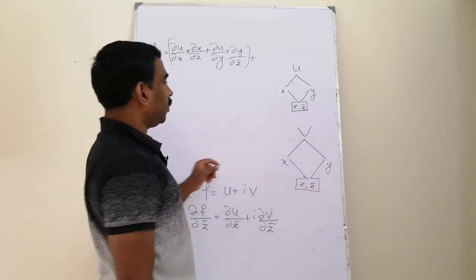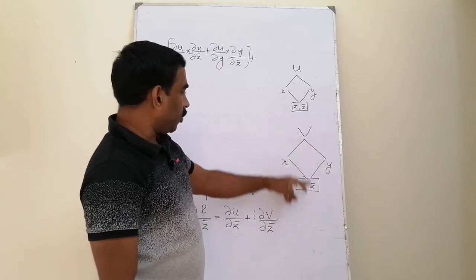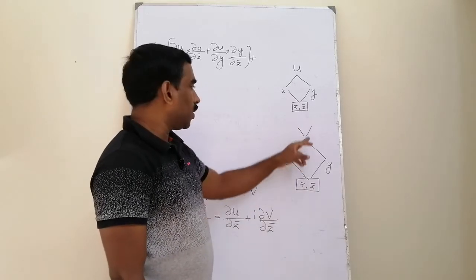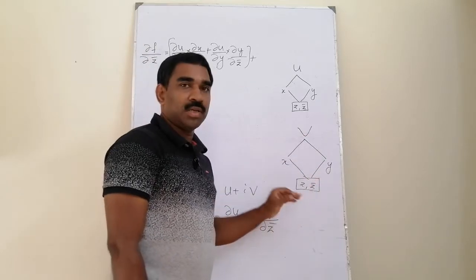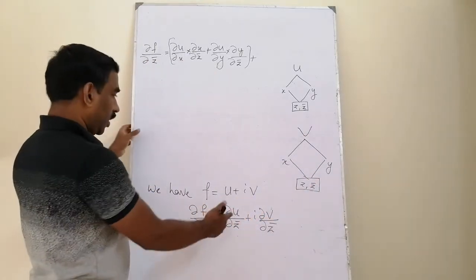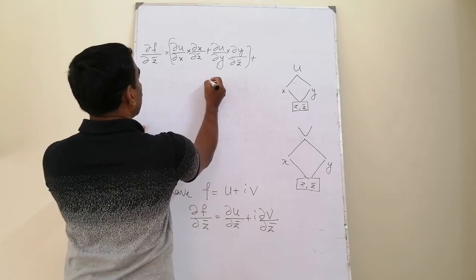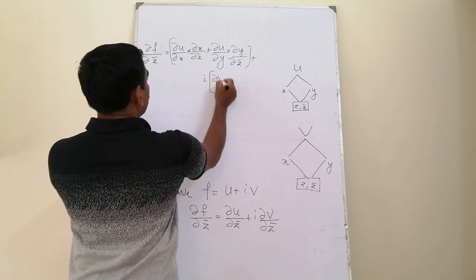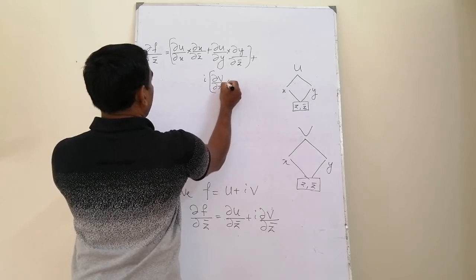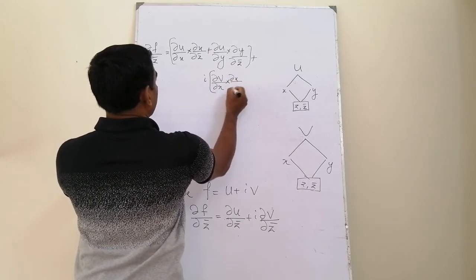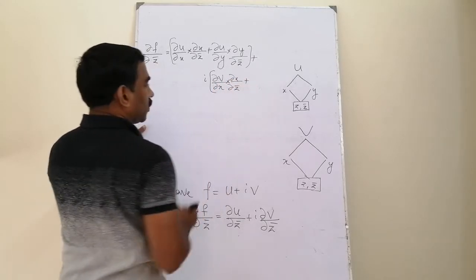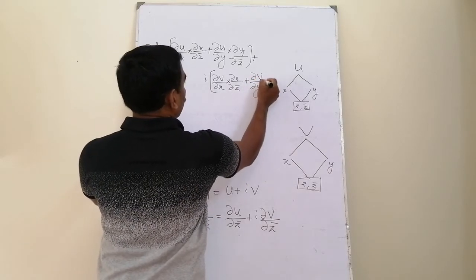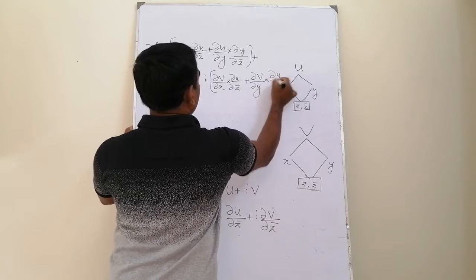Applying the same chain rule, what is dou v by dou z bar? Dou v by dou x into dou x by dou z bar plus dou v by dou y into dou y by dou z bar. Substituting for the imaginary part, that is plus i into, dou v by dou x into dou x by dou z bar plus dou v by dou y into dou y by dou z bar.